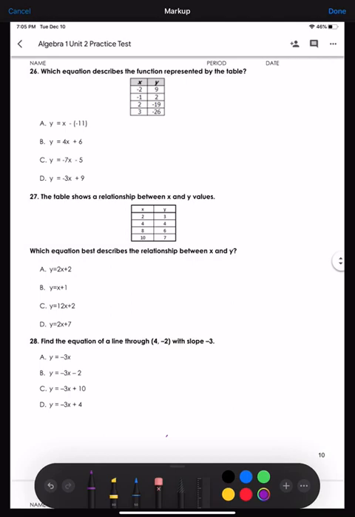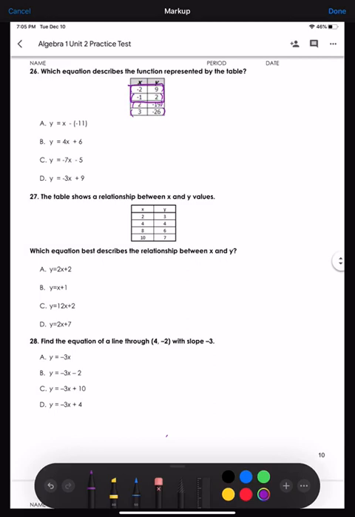The point negative 2, comma 9, the point negative 1, comma 2, 2, comma negative 19, and 3, comma negative 26. So if I'm asking you for a linear equation, then you don't have to check to see if it has a constant rate of change. You can just take my word for it, and you can use any 2 points that you want, and you can plug them into the slope formula.